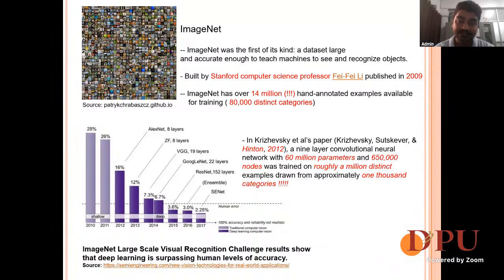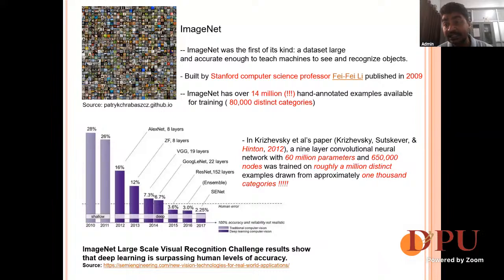Now, image vision computation actually started long back in 2010. It started during the period of shallow machine learning, and the recognition error was 28%. So 28% of cases from the 14 million data set, 80,000 distinct categories, the machine could fail, which was good enough at the time. But in 2012, once AlexNet was introduced, there was a paradigm shift from shallow machine learning to deep learning.